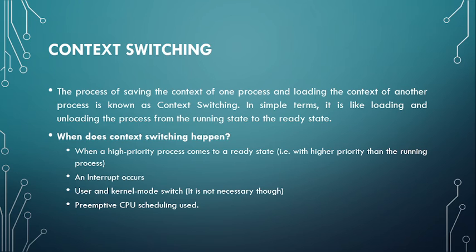A user and kernel mode switch does not necessarily cause it, though. And context switching happens if preemptive CPU scheduling is used, like shortest remaining time first. So this is where context switching happens.